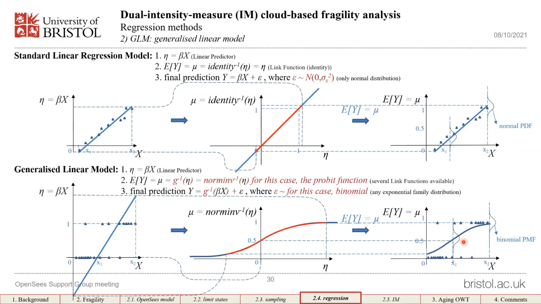On the other hand, the standard linear regression model can be seen as a special case of the GLM method. The difference is that this time, the link function is the identity function, so there's no difference whatsoever before and after applying this link function.